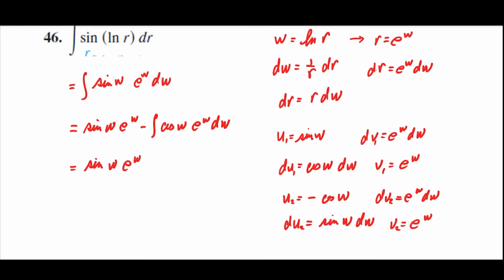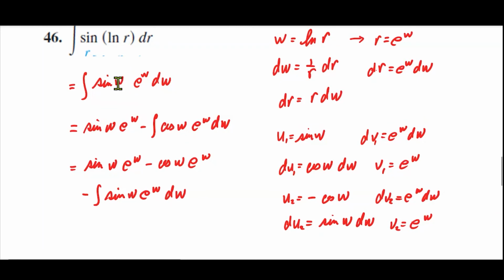Good. So now what we have is sine w e to the w, and then don't worry about this minus sign because it's already here. So these two now, minus cosine w e to the w, minus the integral of these two now. You get it? So we have sine w e to the w dw. Now let's summarize. This whole thing is equal to this whole thing, so I can add this to the other side.